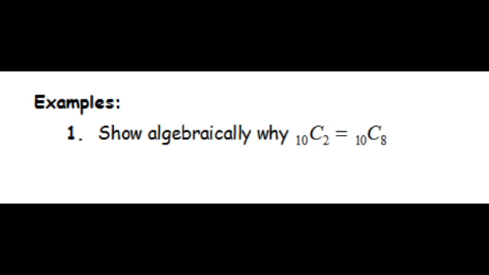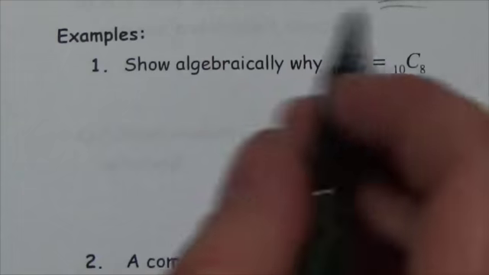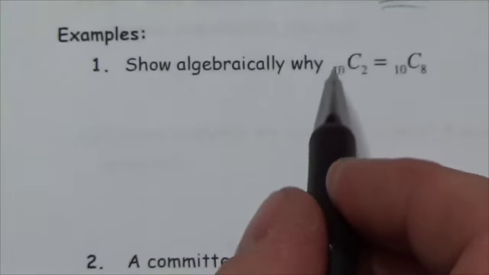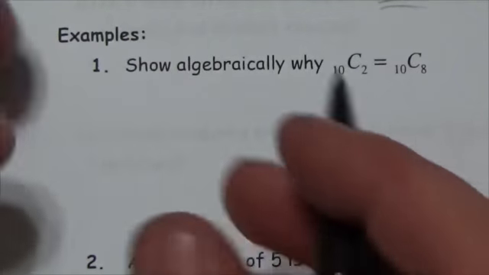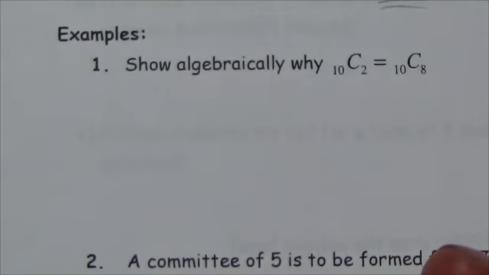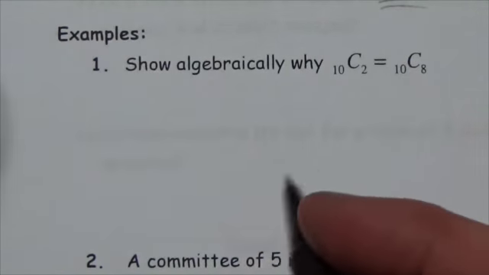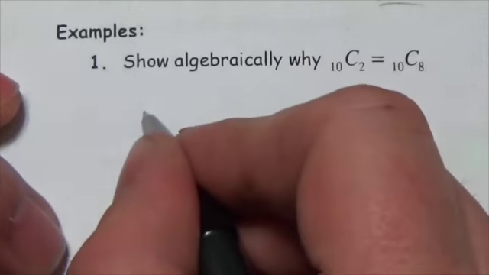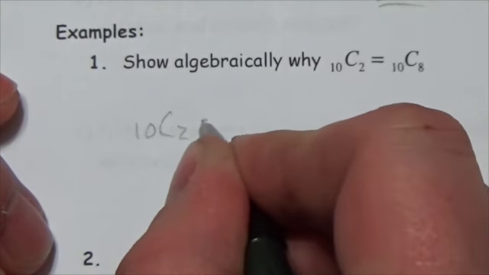Show algebraically why 10 choose 2 is equal to 10 choose 8. Hopefully after we've illustrated why this works, you'll get a better appreciation of the relationship in a more general sense. First, 10 choose 2.